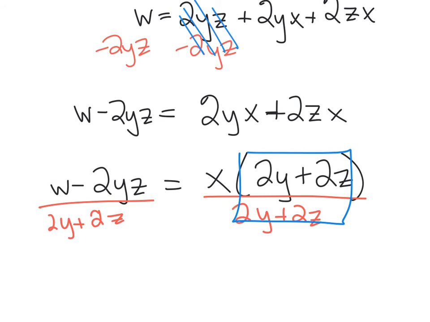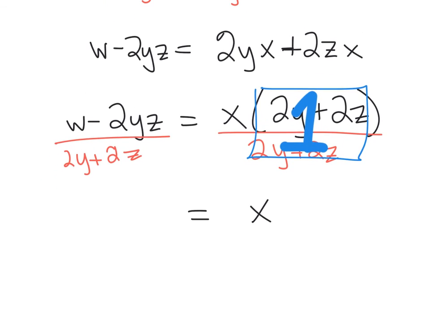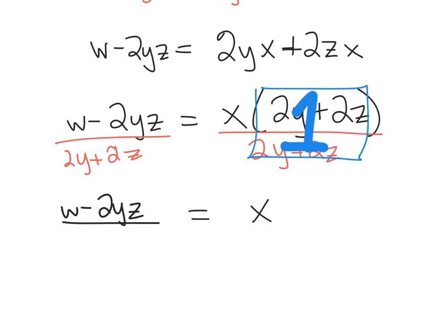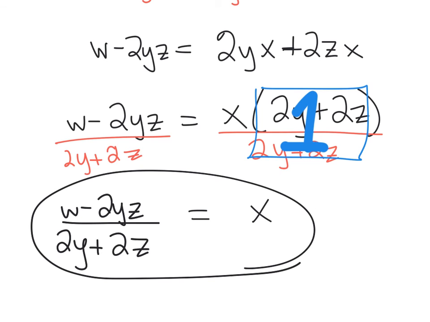Well, this whole thing turns into a big old fat 1 right there. And so that means the right side ends up being just a plain old x. And the left side, nothing you can do to make this simpler. So the left side is just w minus 2yz over 2y plus 2z. And that is our answer.